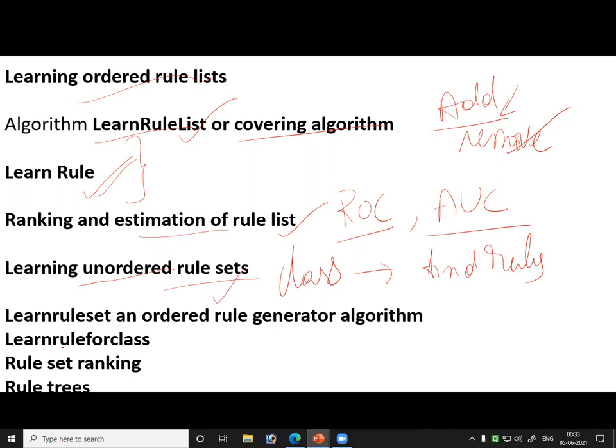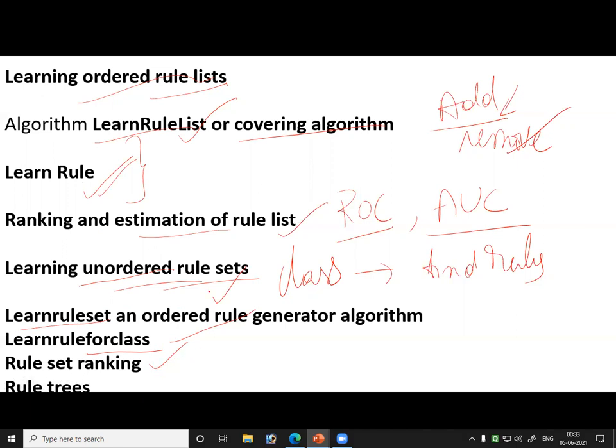In this, we learned the learn rule set algorithm, where we also learn rules for a class. So this is what we learned in ordered rule lists and unordered rule lists. And in the process, for rule sets for ranking, we also talked about a rule tree.